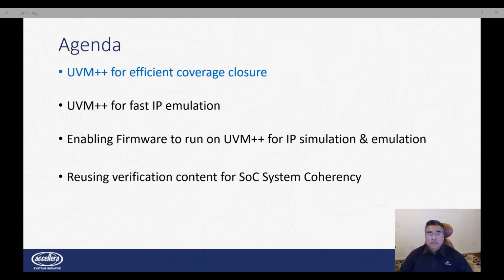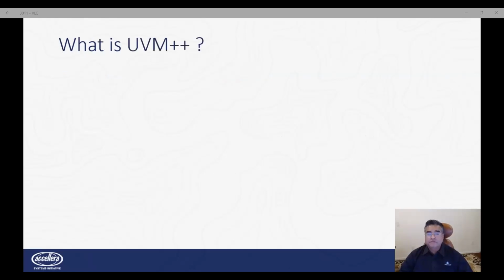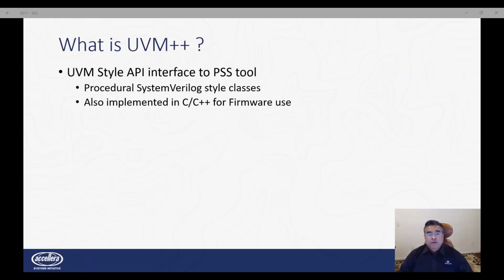Let's start by understanding what UVM++ is and how we might use it in simulation. UVM++ is simply a set of UVM-style APIs that interface to a PSS tool. They provide a procedural SystemVerilog style set of classes and are also implemented in C++ so that they can be used by firmware.